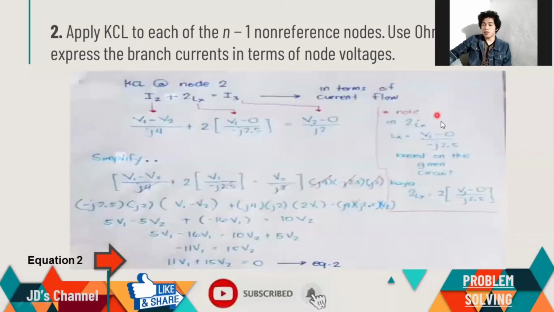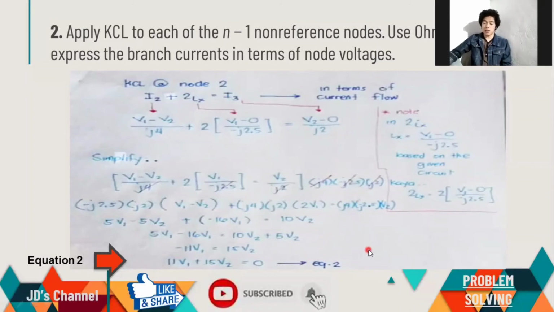For equation number 2, same procedure. We put in the currents first and then express them in node voltages using Ohm's law, then follow the flow of our problem. We get the denominators, express them in the same solution, and at the end the answer is 11 V1 plus 15 V2 is equal to 0.